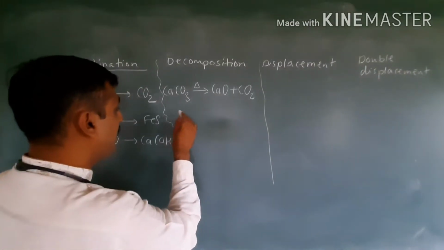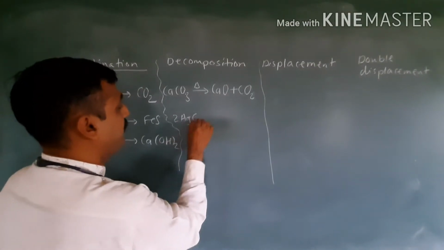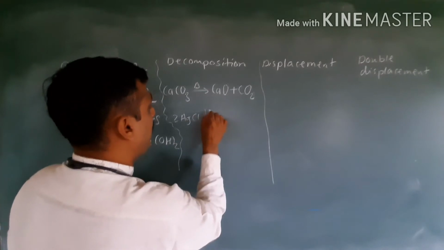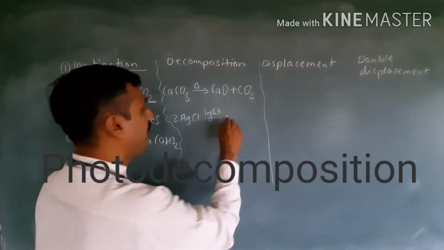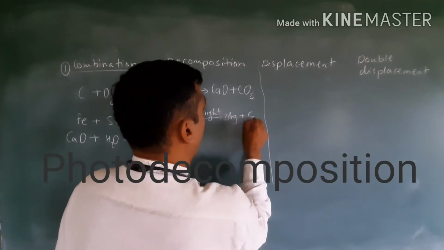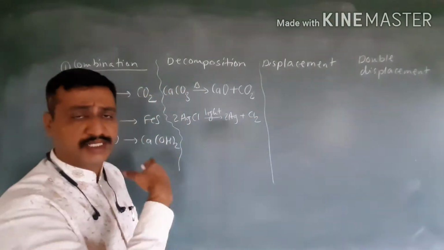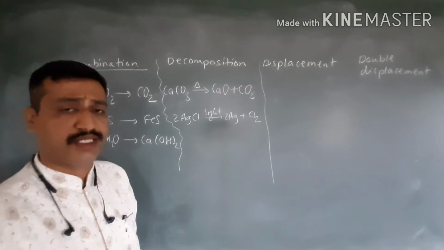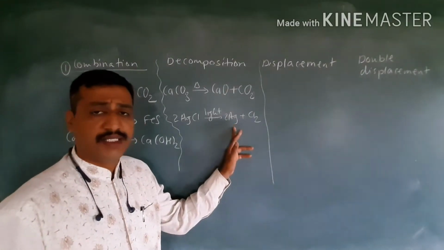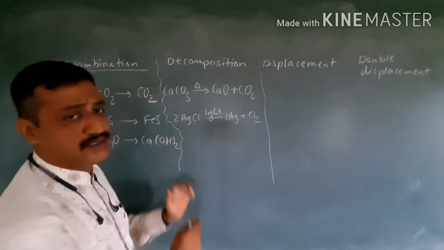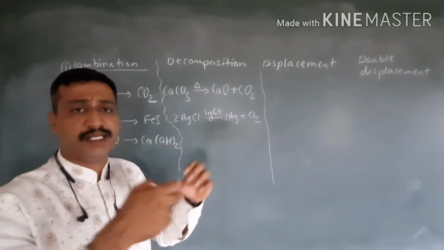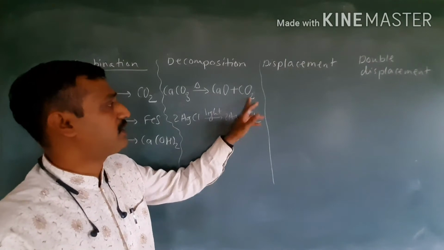Then another example, we have silver chloride, and if we pass light energy, or if light falls over the silver chloride, then there is a formation of silver and chlorine gas. Pale green colored chlorine gas gets released and silvery white colored silver metal is formed. So a single substance splits up, decomposes into two or more substances.